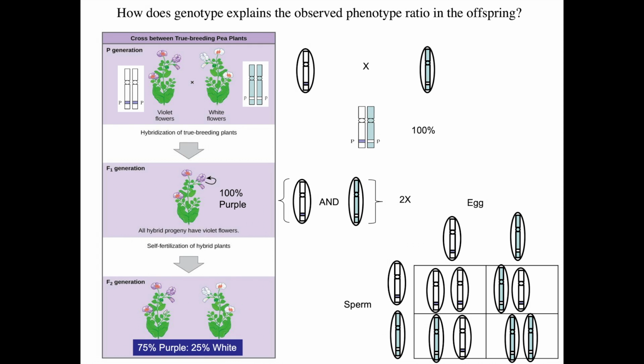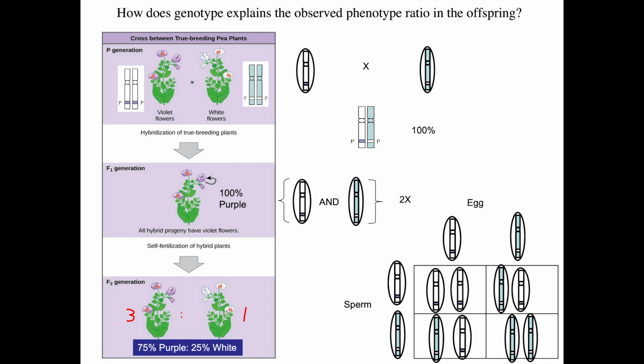So in this case, the phenotypic ratio is the ratio of the different phenotypes you have. You've expressed it here as 75% to 25%, but we can also express it as 3 to 1. So the phenotypic ratio for this cross, for a classical Mendelian monohybrid cross, is 3 to 1, purple to white.